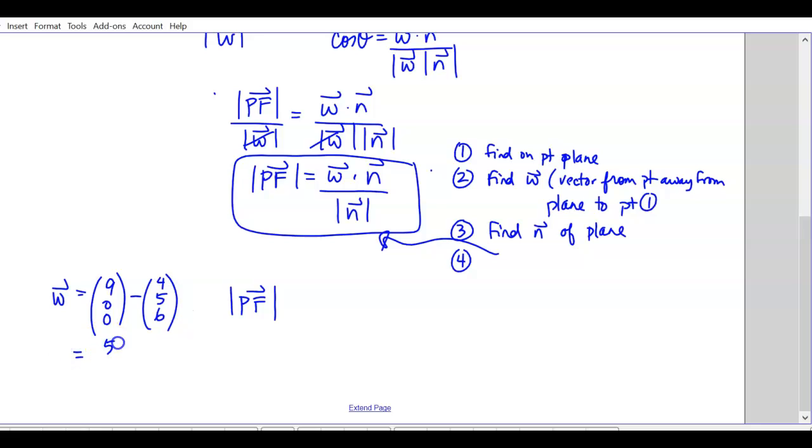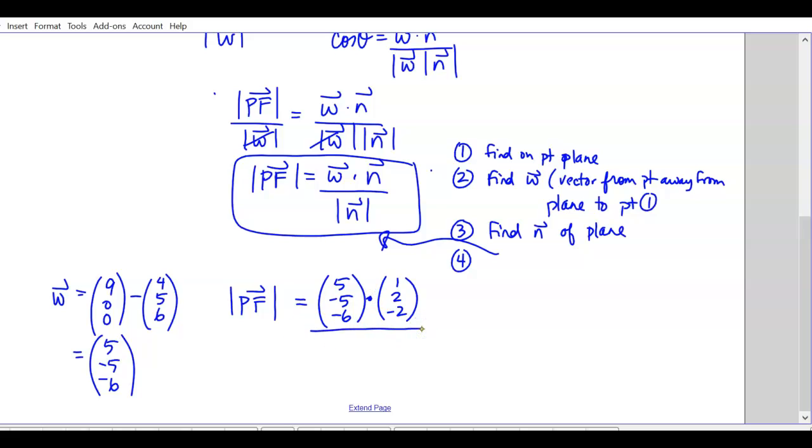So that's going to be 5, -5, -6, dot product with the normal, which was 1, 2, -2.